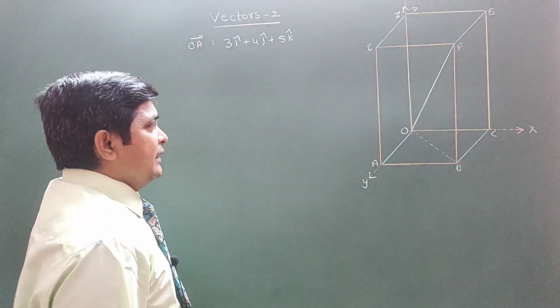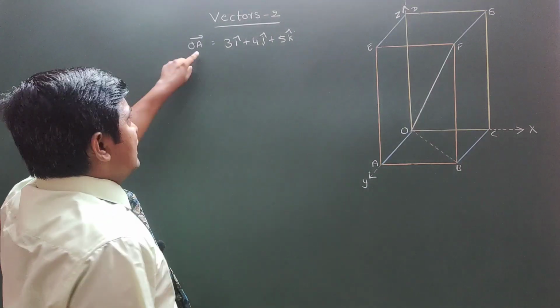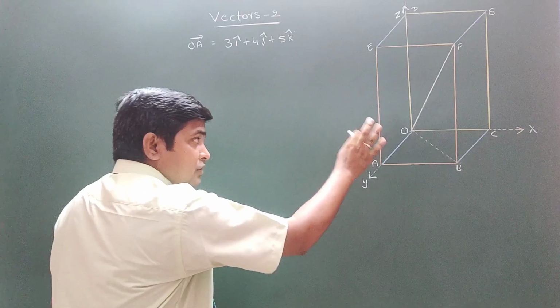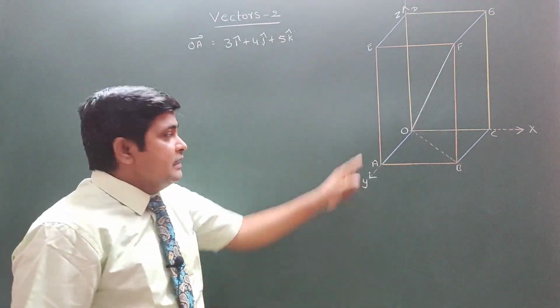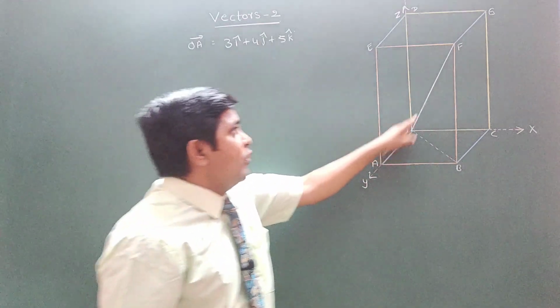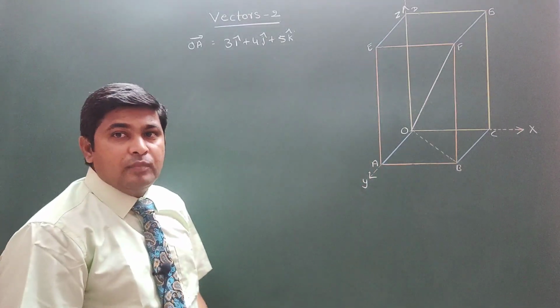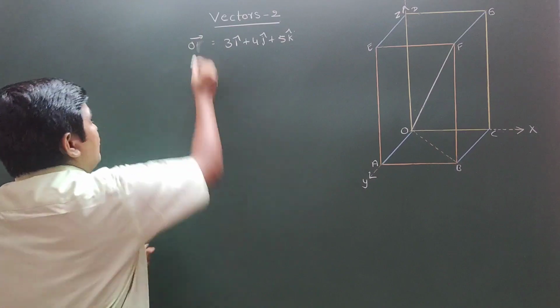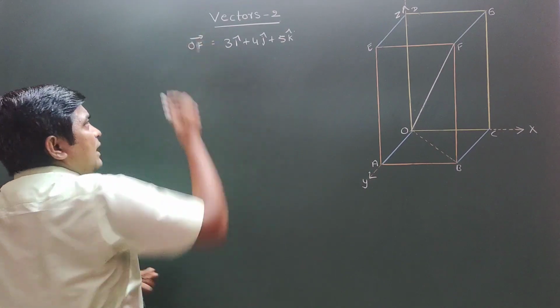Now what I am writing here is a general representation. I have written OA bar, but it does not belong to this specific case, because here I want to write OF bar, so that's why I can take this as OF bar.